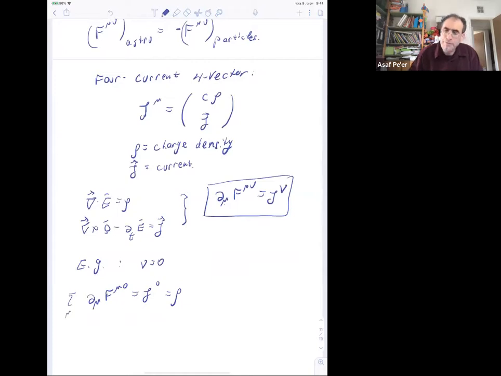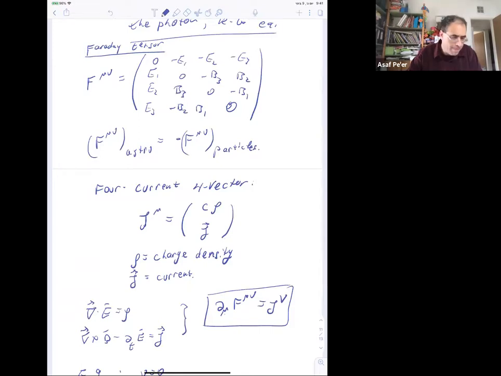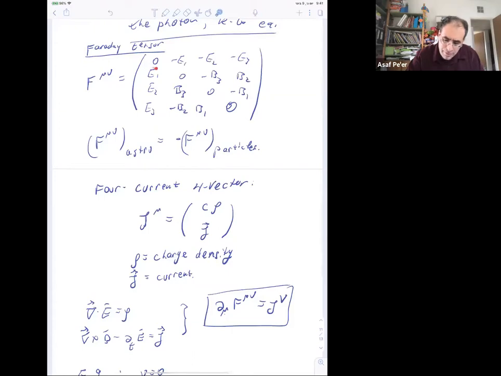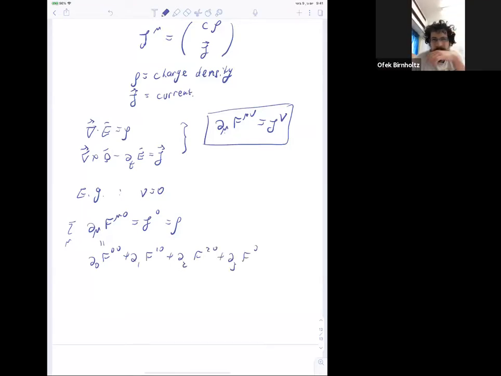Remember, there is a summation over μ, so we have ∂0 F^00. What is F^00? It's 0. So we have ∂0 F^00 plus ∂1 F^10 plus ∂2 F^20 plus ∂3 F^30 equal to ρ.